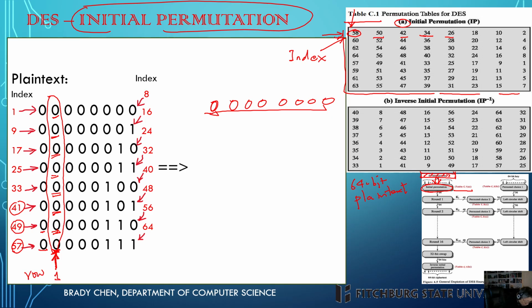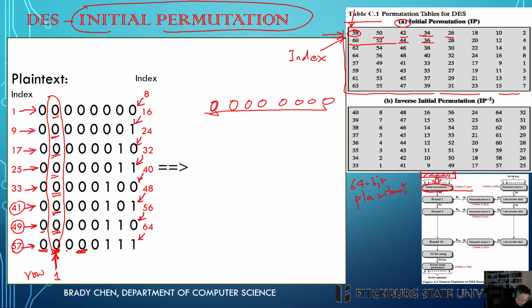Now where's row number 2? Here. The first index is 60, the second index 52, 44, 36, 28. Now where is the bit with index 60? 60 must be in the last row, right? So 57, 58, 59, and 60. That's 60.